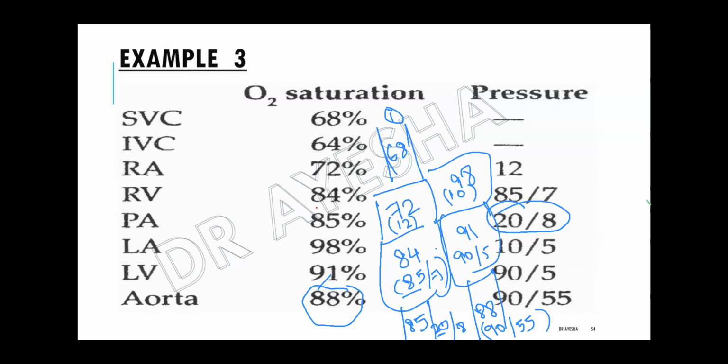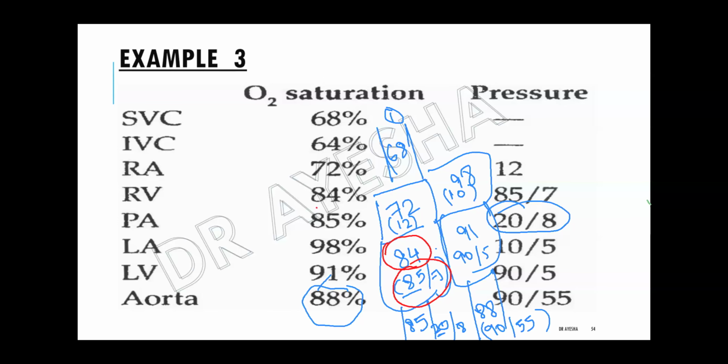Now tell me where the problem is, where I should mark it. The problem is in the right ventricle, because it's different. It should be around 70, so it is raised.